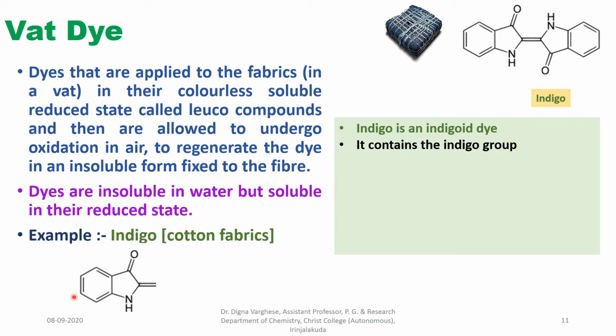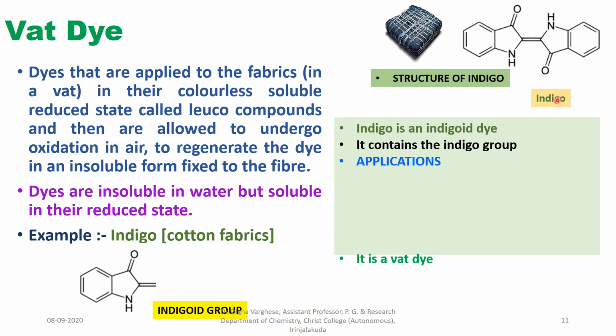The indigo group is shown here: a benzene ring and a five-membered ring which contains a CO group, a C double bond CH2 group, and there is a heterocyclic ring system, where NH, or nitrogen, is the heteroatom here. This is the indigo group. So this compound is known as indigoid dye. Here we can see the structure of indigo.